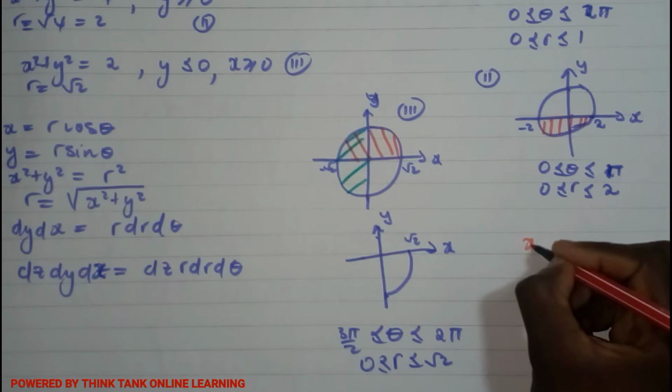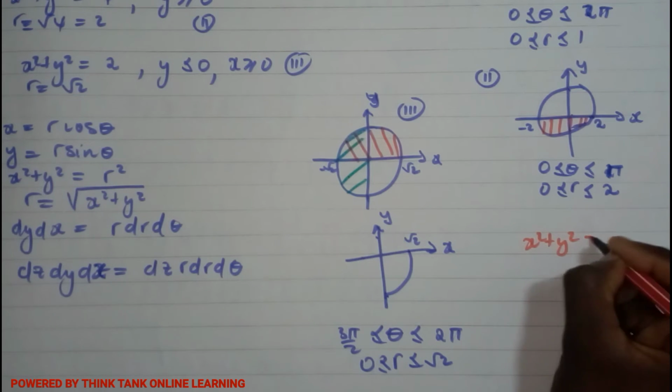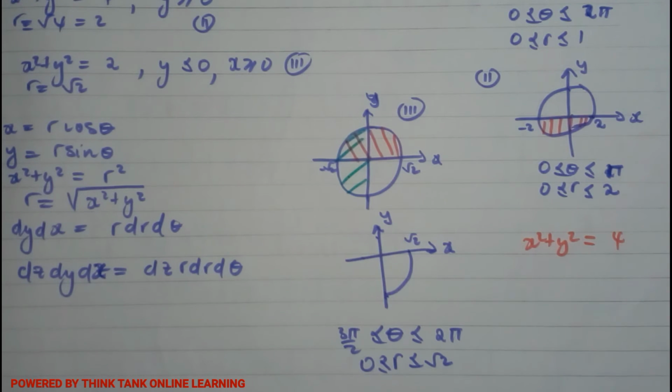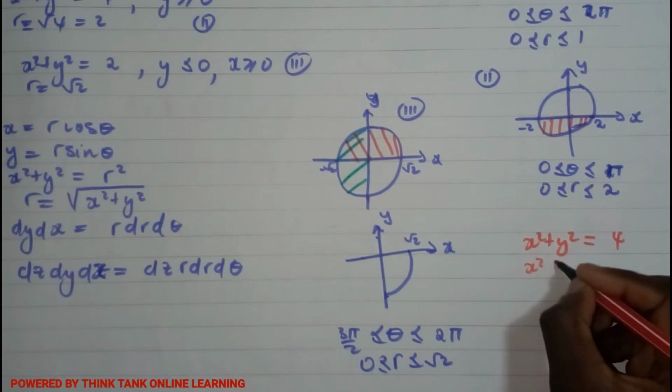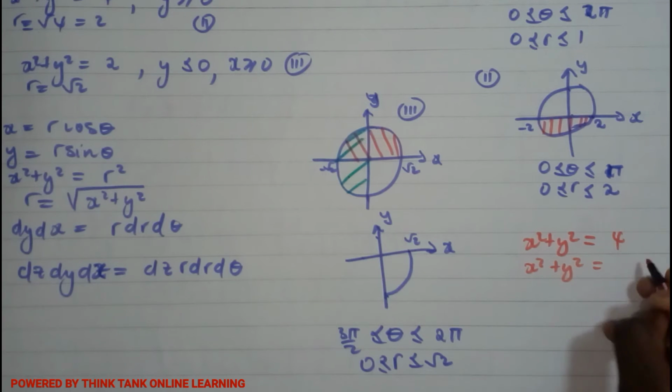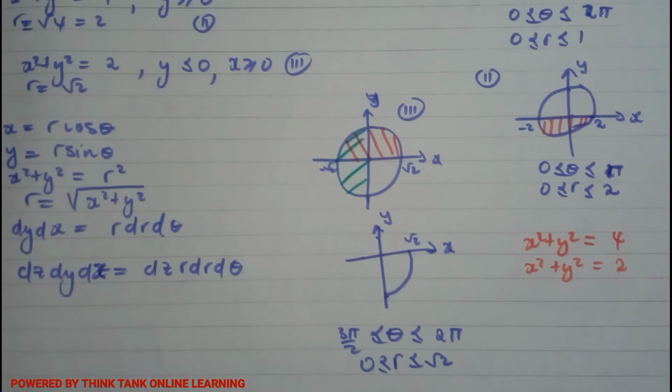This is the first circle, x squared plus y squared is equal to 4. Then we have another circle, x squared plus y squared is equal to 2. In both regions, you're given a condition that x is greater than, let's say, 0.